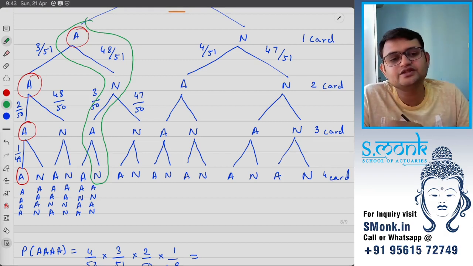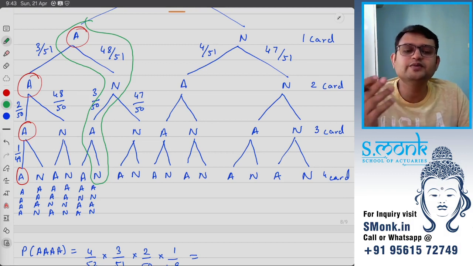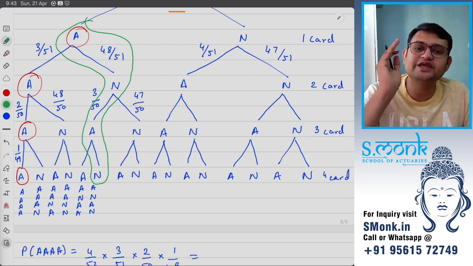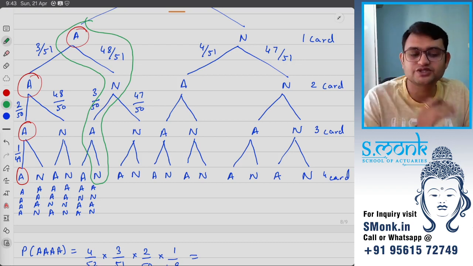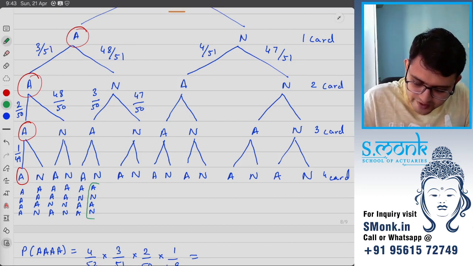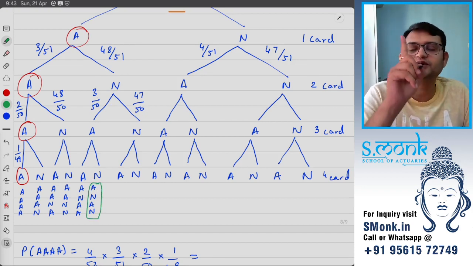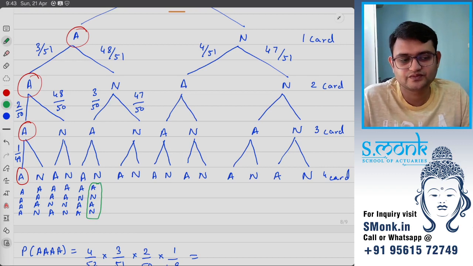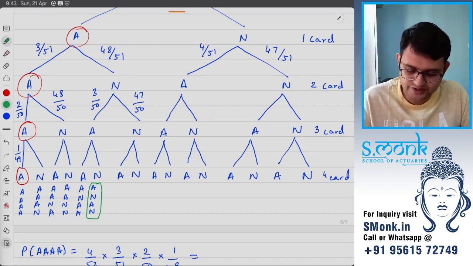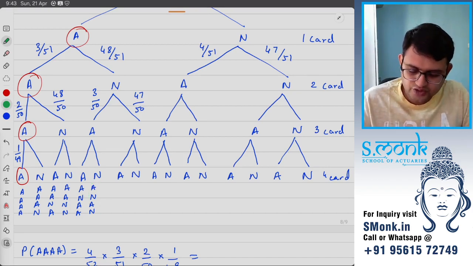So if we write the probabilities on each branch, we can get probability for each of those permutations. So if I'm talking about one of these branches, this is one permutation. Permutation means all possible arrangements.